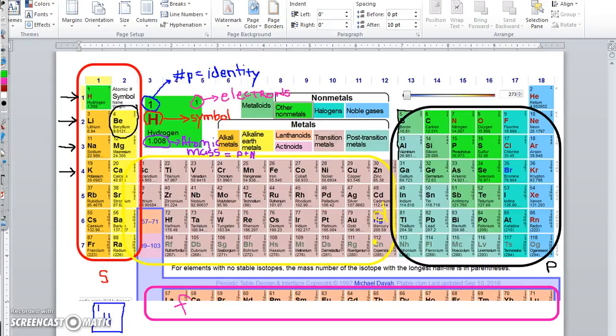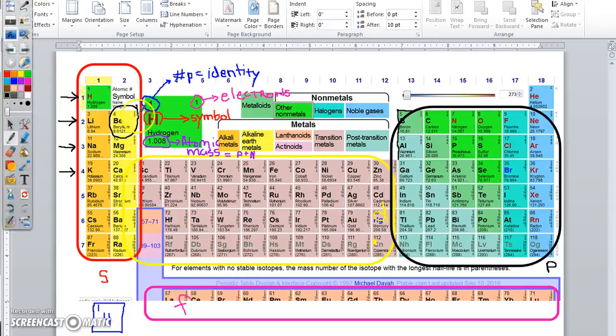Beryllium is in the second energy level, but it also is in the s orbitals. It doesn't go outside of the s, and so with these 4 electrons, I have 2 in the first s orbital and then 2 in the second s orbital.